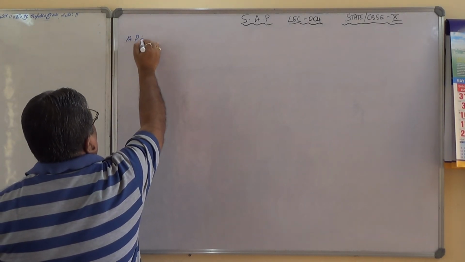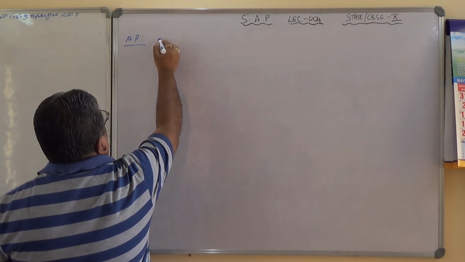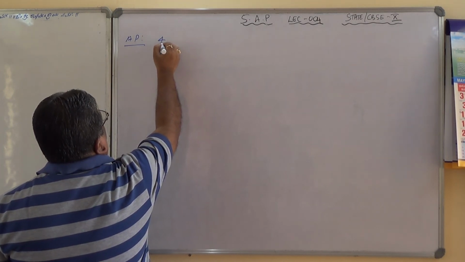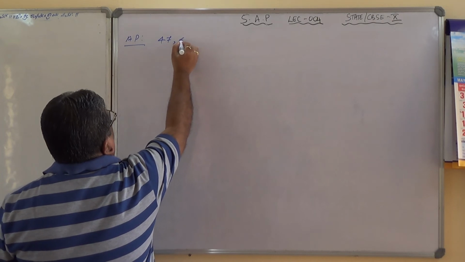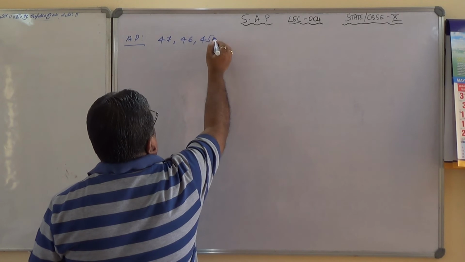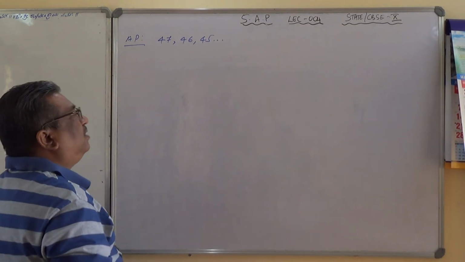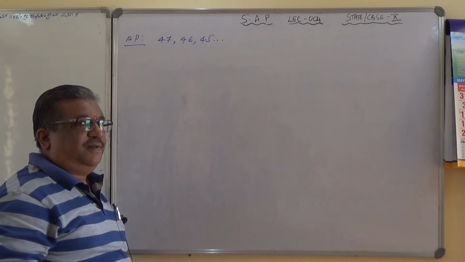Given AP is 48, 47, 46, 45, dot. Okay. Which term is the first negative term?